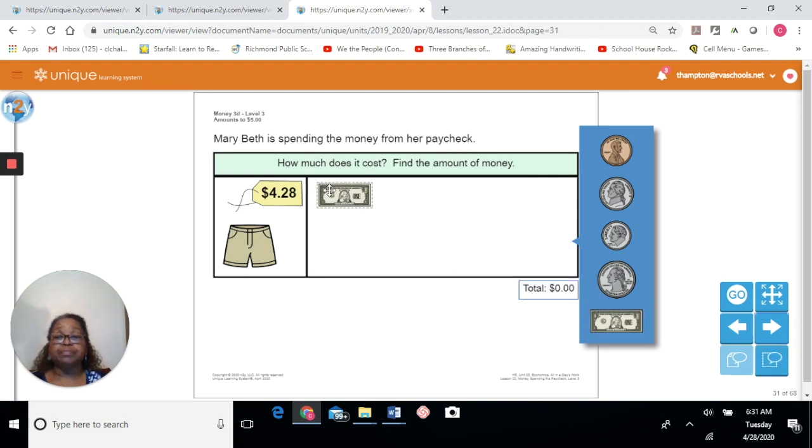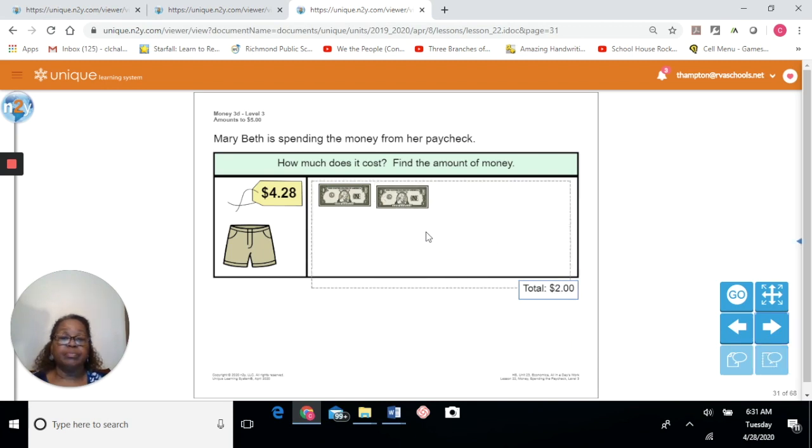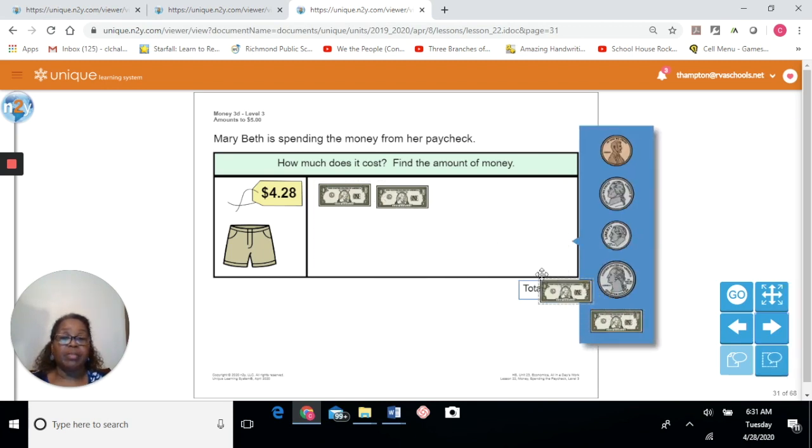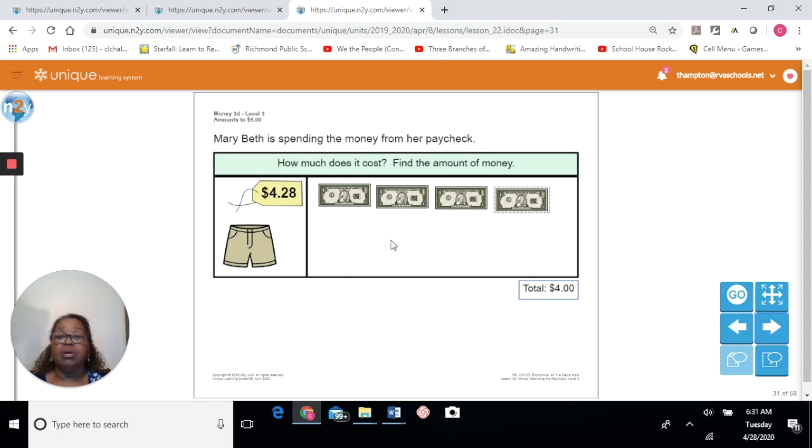1, 2, 3, 4. Very good. $4. And the change, 28 cents, less than $1. $4.28.